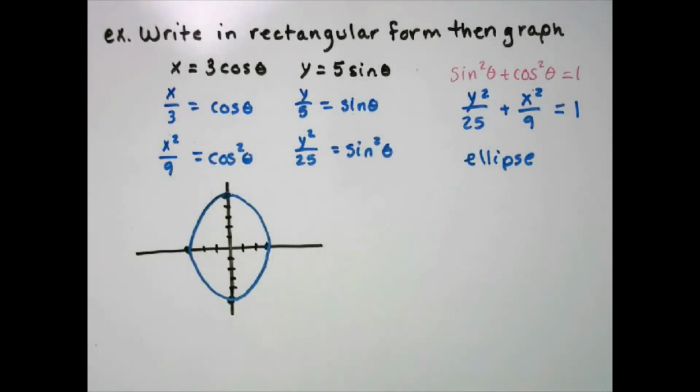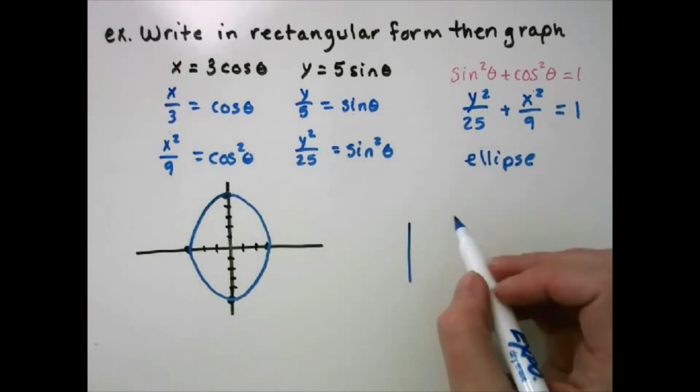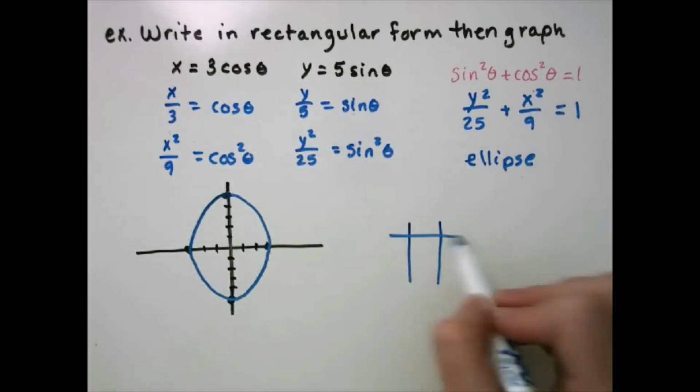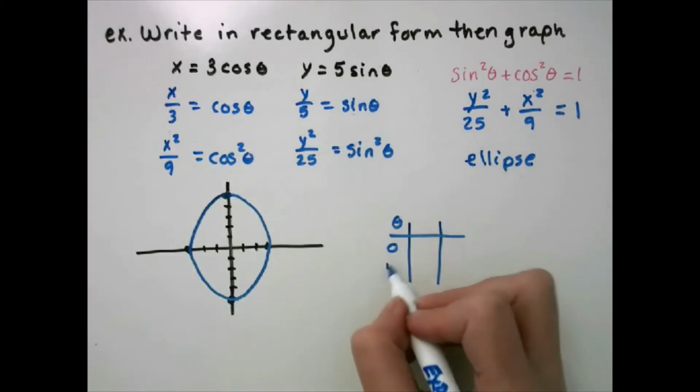We still want to indicate direction. And how we can do that is go back to our original equations, and I'm going to plug in two simple values of theta. I'm going to plug in 0, and I'm going to plug in pi over 2.